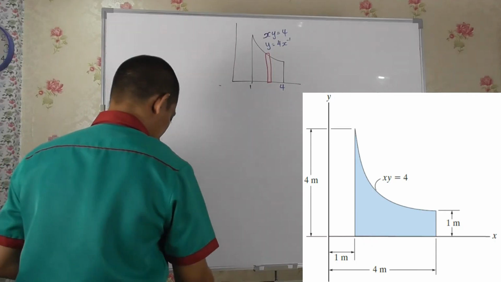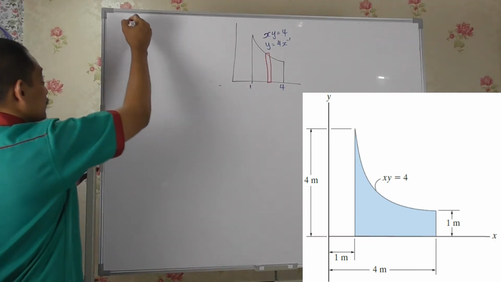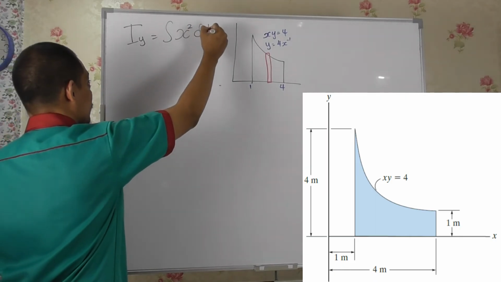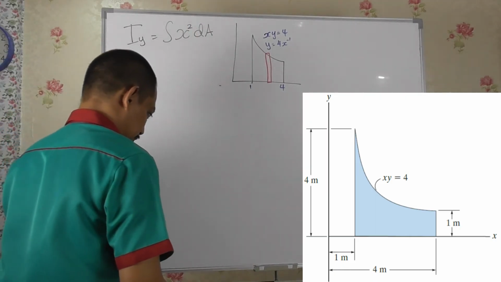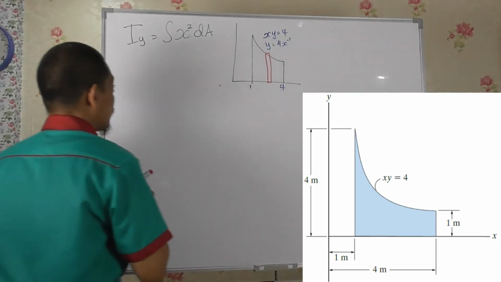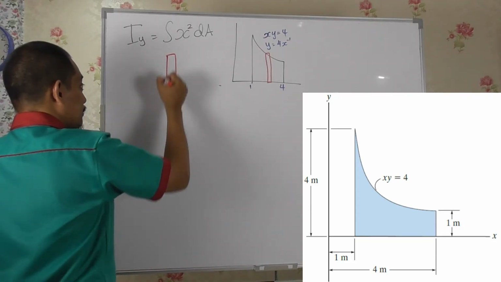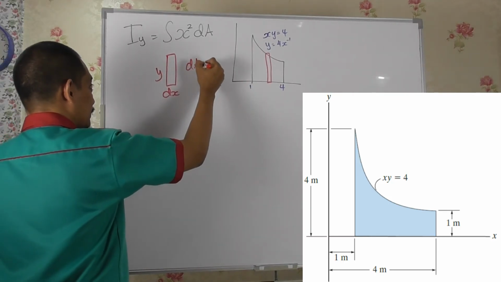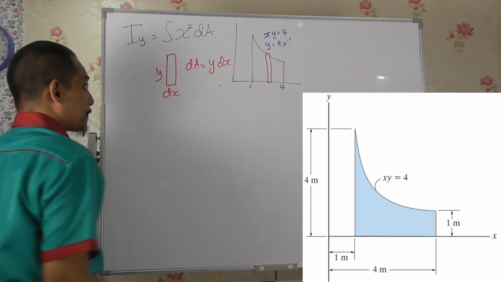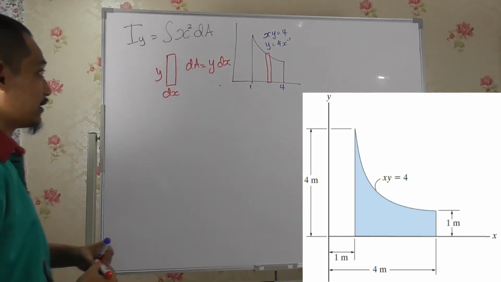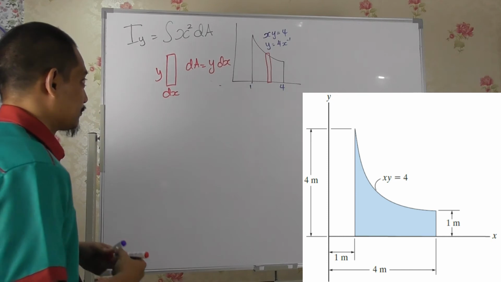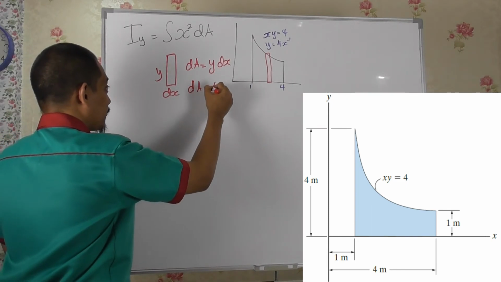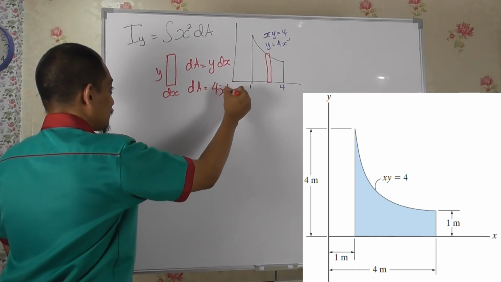Iy for vertical element becomes the integration of x squared dA. dA will be, so this is dx and this is y, so dA will be y dx. And y is already 4x to the power of negative 1, so basically dA is 4x to the power of negative 1 dx.